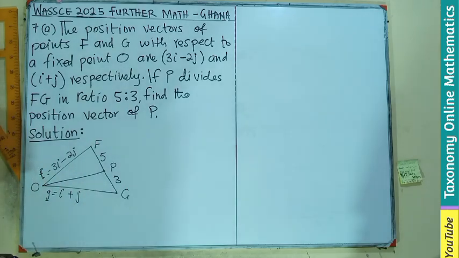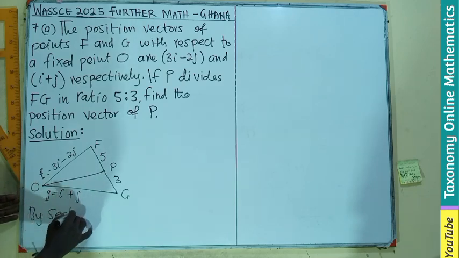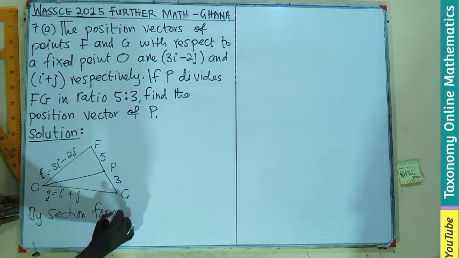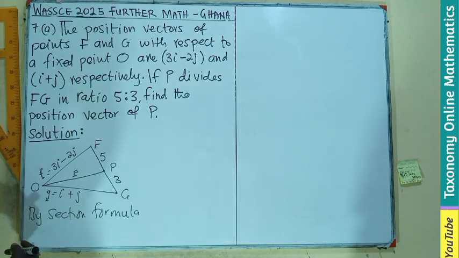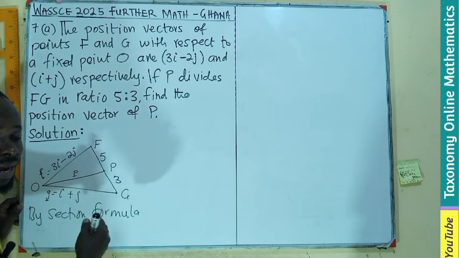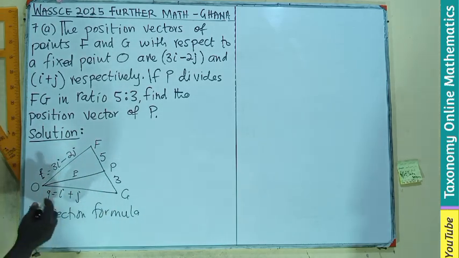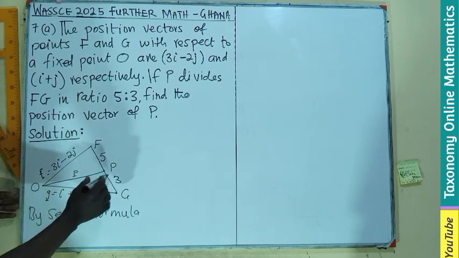Now, by the section formula, if a vector line is divided by another vector into a given ratio, we can find the position vector of that point.